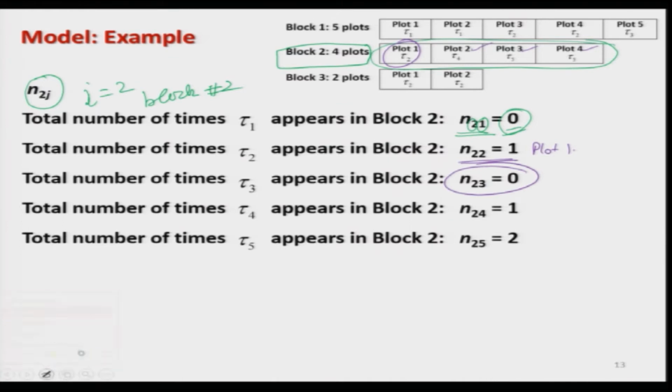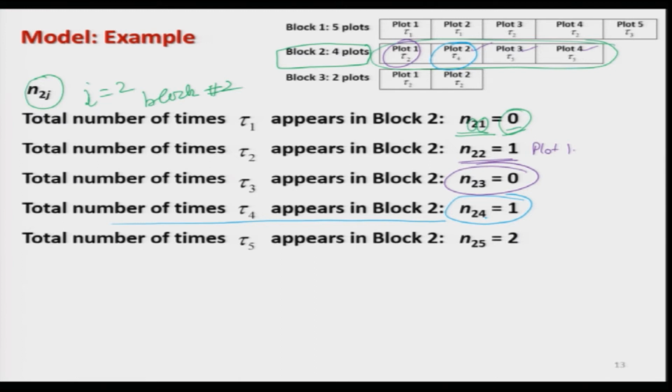Similarly, if you consider treatment number 4, you can see it is occurring in plot number 2, and that is appearing once in block number 2. So, I can write that the total number of times tau 4 appears in block 2 is indicated by N24, which is equal to 1.